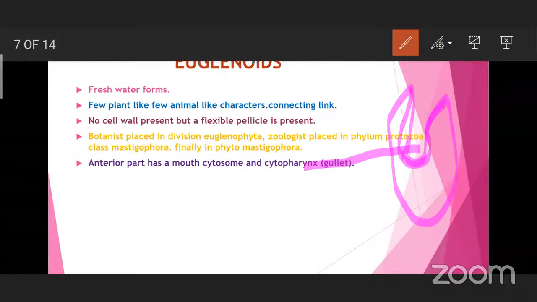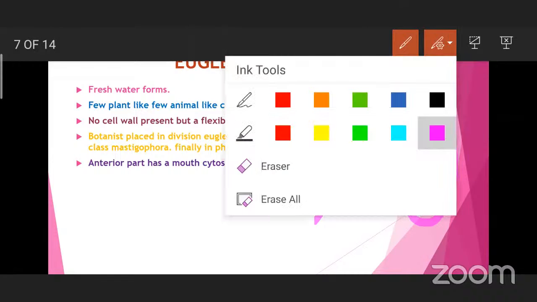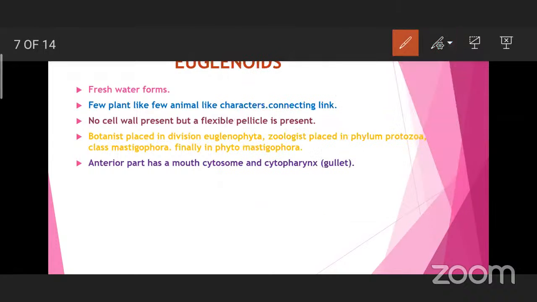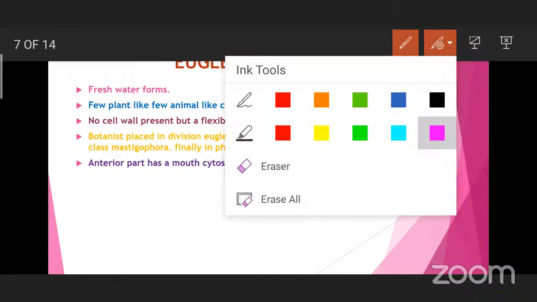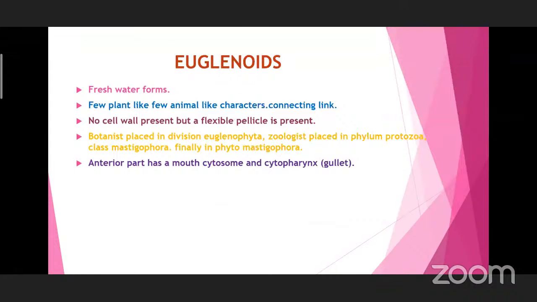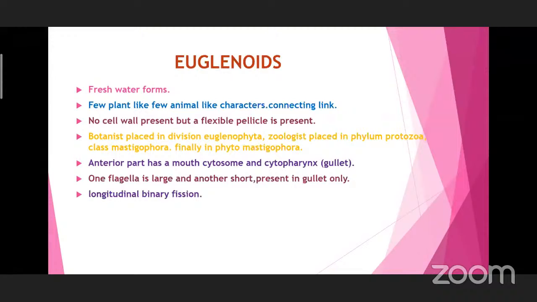In this gullet, you'll have one flagellum coming out like this. You'll see only one flagellum, but it has two flagella; one more flagellum is present inside the gullet only. Okay, remember that. One flagellum is large and another short, present in the gullet only.